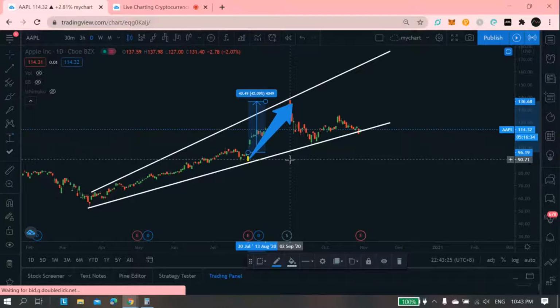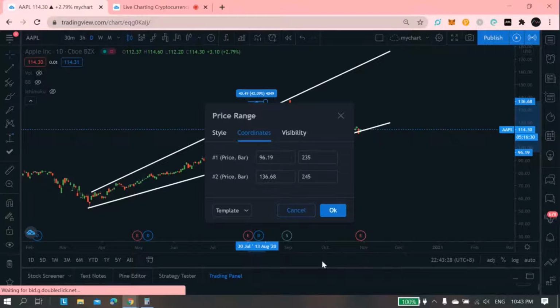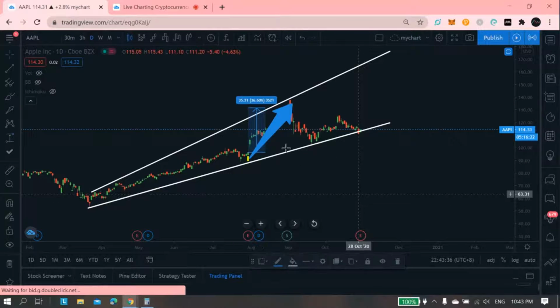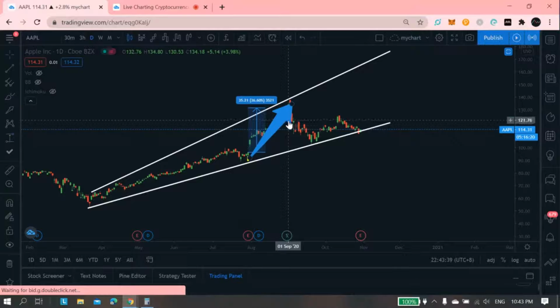That's 131.40, the closing price. Yeah, the closing is 131.40, but it went as high as 137.98.